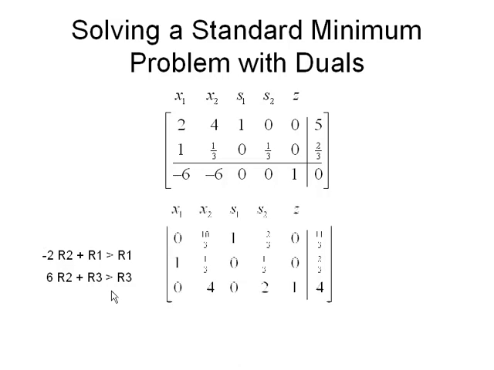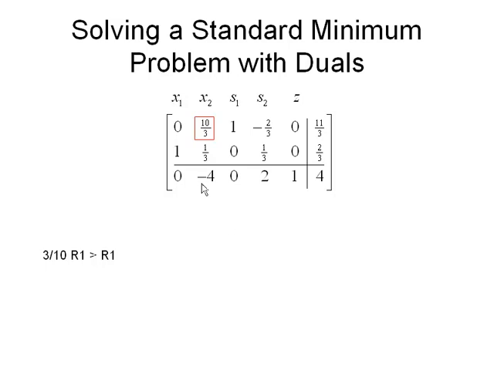When I work that out, the second row doesn't change, but the first row becomes 0, 10/3, 1, -2/3, 0, and 11/3. And the last row is 0, -4, 0, 2, 1, and 4. Since I have a negative indicator here, I know that I'm not at the optimum value yet.